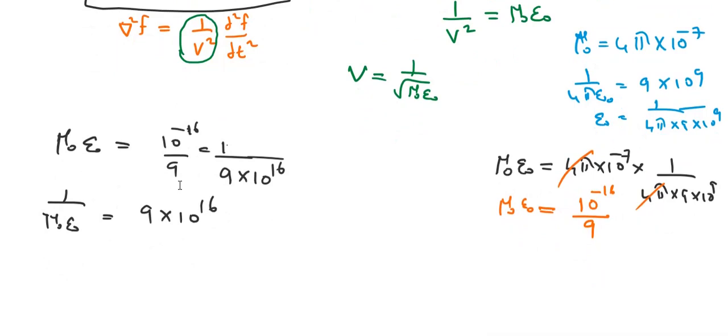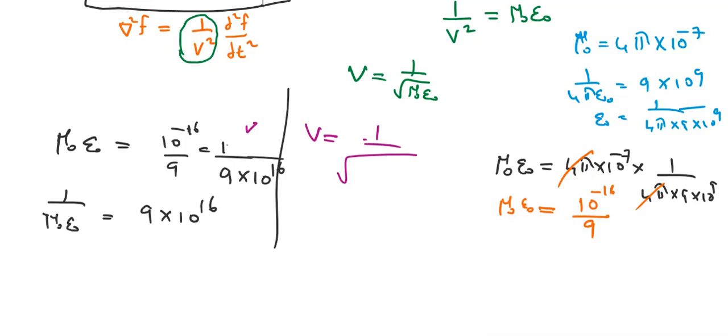Okay, then you have to substitute here. V is equal to 1 by root of mu 0 epsilon 0.